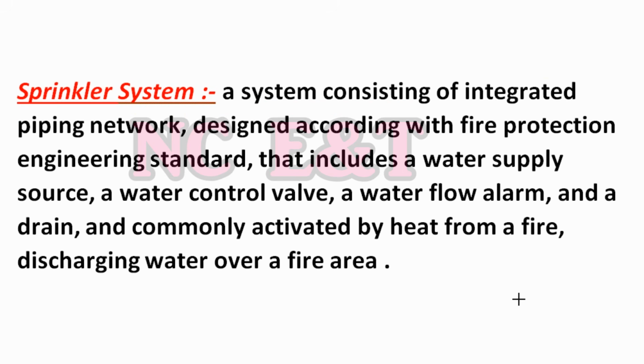What is a sprinkler system? A system consisting of an integrated piping network designed according to fire protection engineering standards that includes a water supply source, a water control valve, a water flow alarm and a drain, and is commonly activated by heat from a fire and discharging water over a fire area.